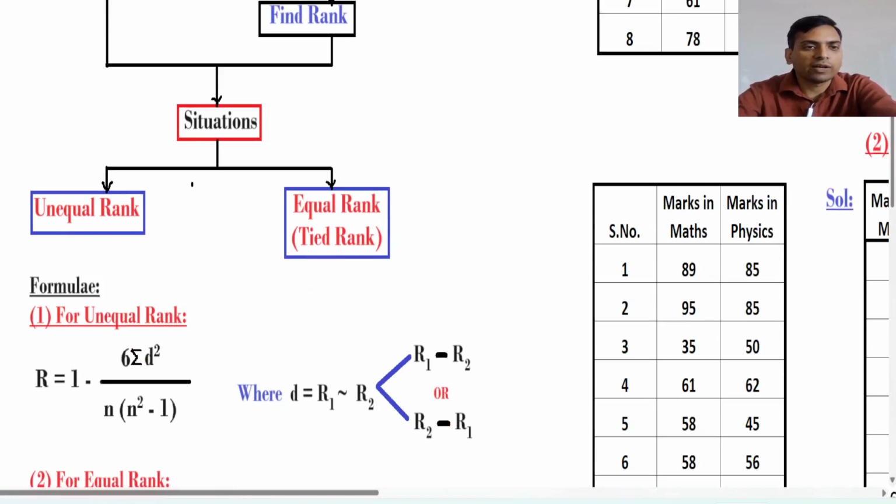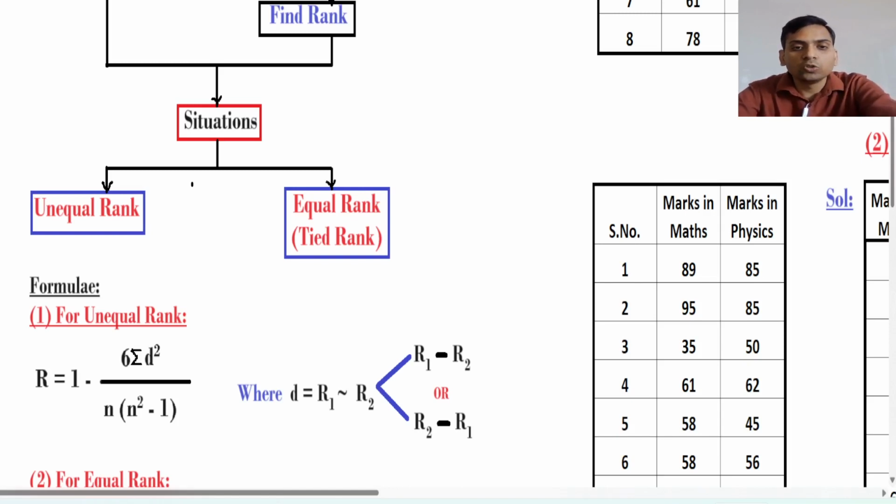The formula of unequal rank is this: R equals 1 minus 6 summation D square divided by n square minus 1. Here n is the number of pairs, in this case the number of students, which is 8. 6 is a constant, and D is R1 minus R2. This is the symbol of difference.